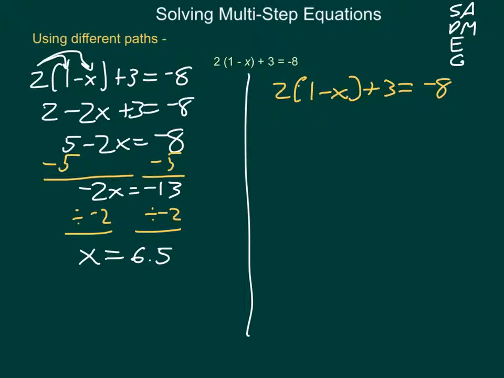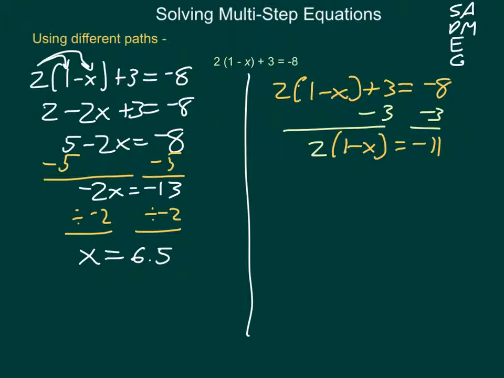Yes, I do. My first thing I'm going to take care of is this plus 3. I'm going to subtract 3 from each side. So that leaves me with 2 times (1 minus x) equals a negative 11.